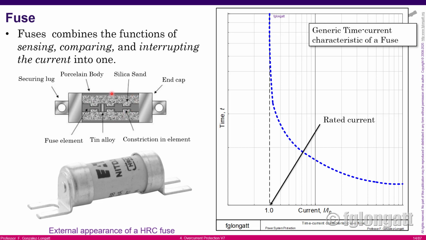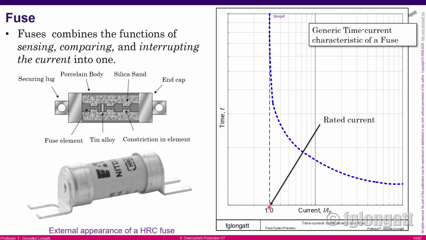Of course, you need a confined space in order to stop the arc, and we typically use silica sand for medium and low voltage fuses. In this area is where the energy related to the arc is dissipated. On the right-hand side of this slide, you can see a generic time current characteristic.